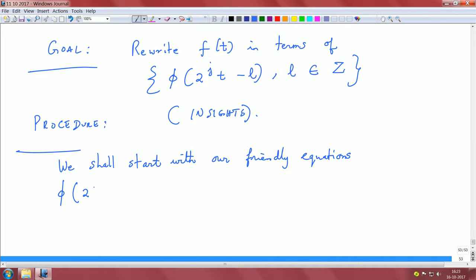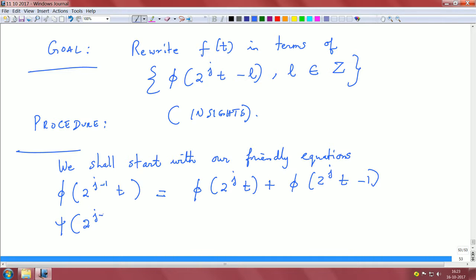This is phi of 2 power j minus 1 t, which is basically phi of 2 power j times t plus phi of 2 power j times t minus 1, and then psi of 2 power j minus 1 t is phi of 2 power j t minus phi of 2 power j t minus 1.